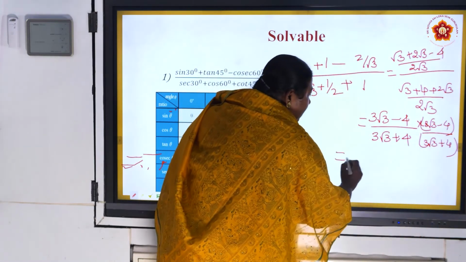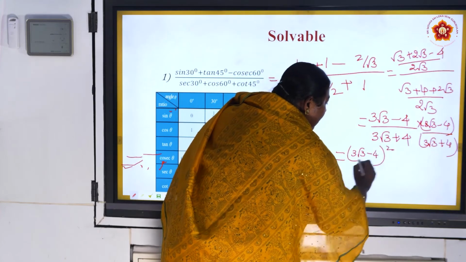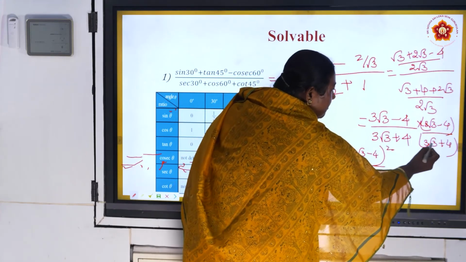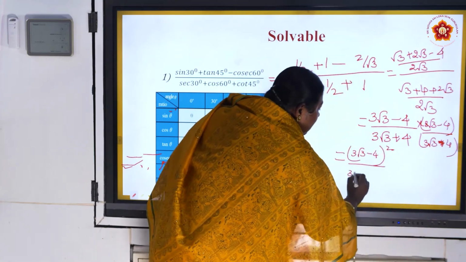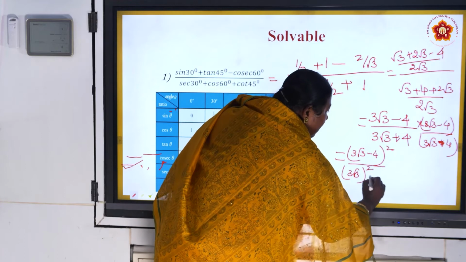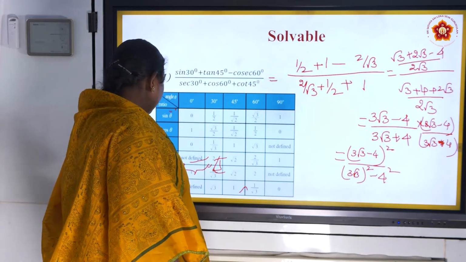So what I get here? 3 root 3 minus 4 the whole square divided by a plus b, a minus b, sorry, here it is minus. So it is 3 root 3 the whole square minus 4 square. Just to rationalize it, you can get the answer.